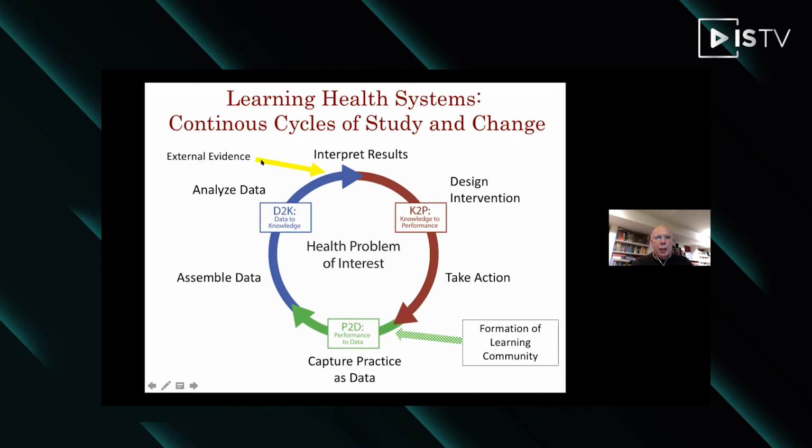This knowledge created locally by the community is combined with external evidence from papers and other sources, because it is very likely that this health problem, which is significant, has also been studied by others, and those studies have generated evidence which can be merged with the evidence that the community itself generates.